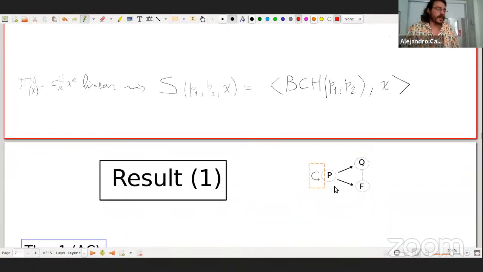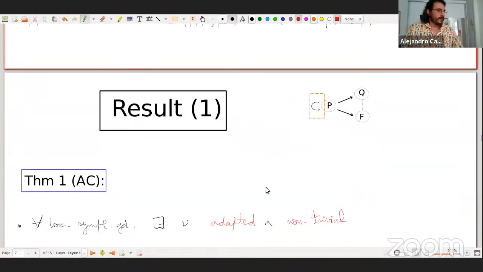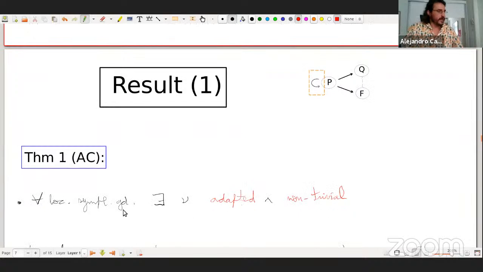Now we are in this map, we are going to see a result about these Poisson geometric objects. The first part, I condensed this in a theorem. The first part says that any local symplectic groupoid admits such a framing with special properties that I will mention afterwards.